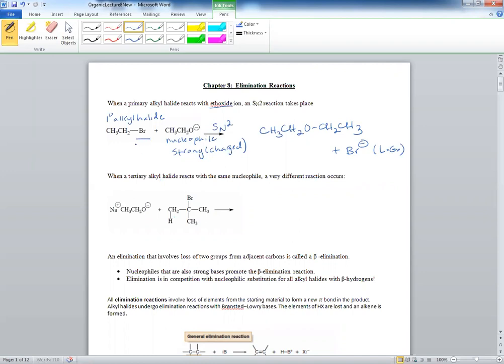So again, this was your leaving group. And again, the reaction underwent an SN2 mechanism, making the product right here, which is an ether.